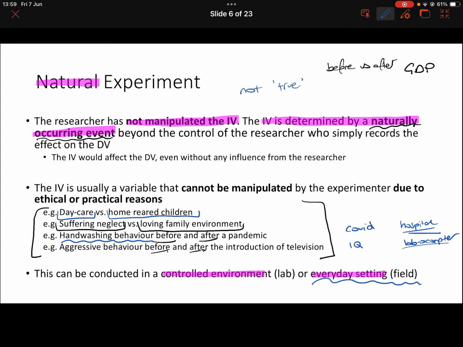So here we've got features of a lab experiment, in that it's taking place in a controlled environment, but the DV of IQ is being measured in a really controlled way, but the IV of whether they were raised in daycare or at home hasn't been manipulated by the researcher. They didn't decide who was going to be raised at home or go to daycare. That was decided by the parents. And so, therefore, this was an event beyond the researcher's control.